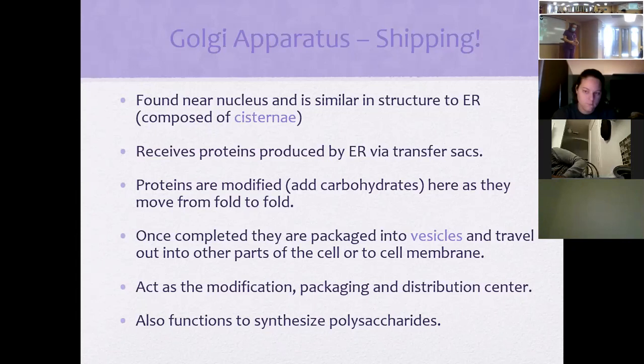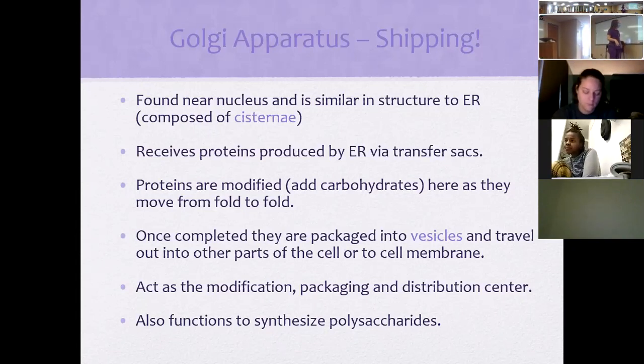And he packages it up, puts his little stamp on it, and then loads it onto the appropriate truck, another vesicle, and it'll move it to wherever he stamped it to go. That's the whole point of the Golgi. He just repackages and designates where this structure needs to go.